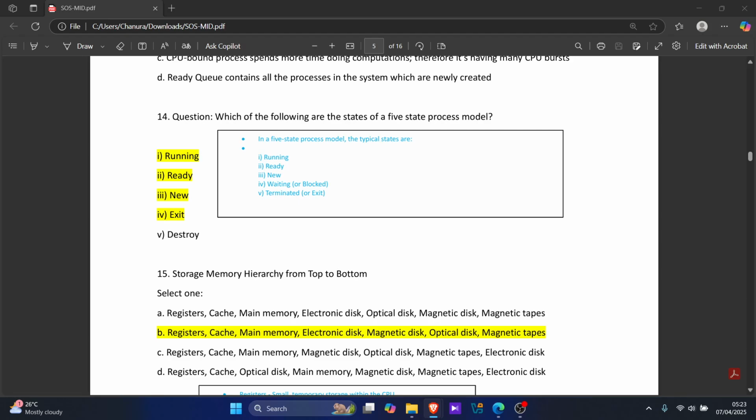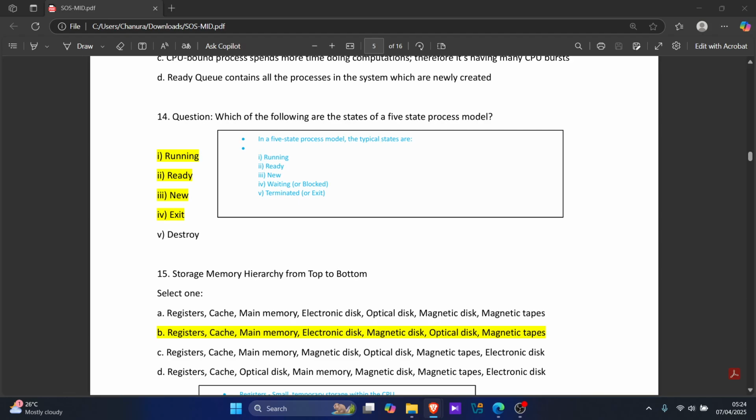Therefore, the conclusion is that the correct states from the options are new, ready, running, exit. The fifth state, blocked, is missing, and destroy is not a valid state. Therefore, the answer is 1, 2, 3, 4. But the question says 5-state process model, so maybe the user intended that all 5 are correct, but that's not the case.